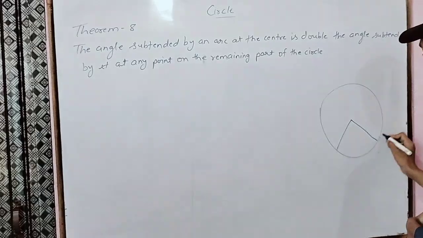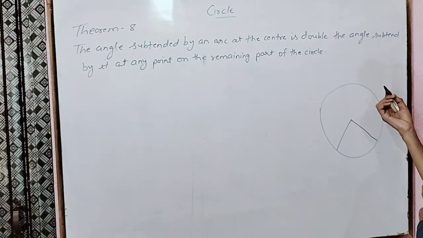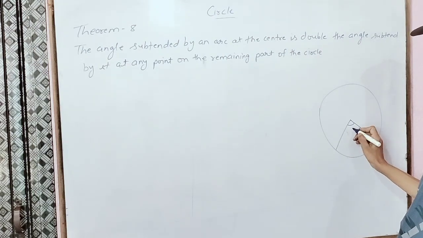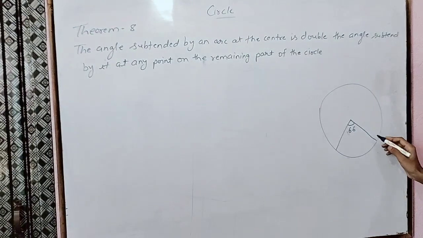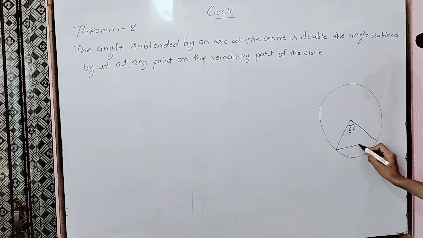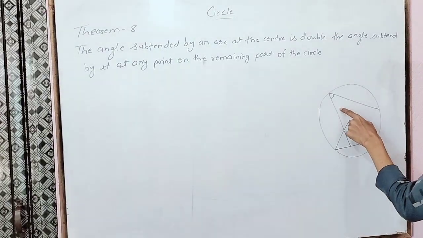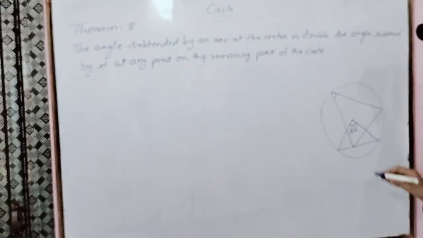There will be one arc, and the angle it subtends at the center is double the angle at any point on the remaining part of the circle. If this is 66, then the angle made at any point on the remaining part of the circle will be half of it, 33 degrees. This is the same.